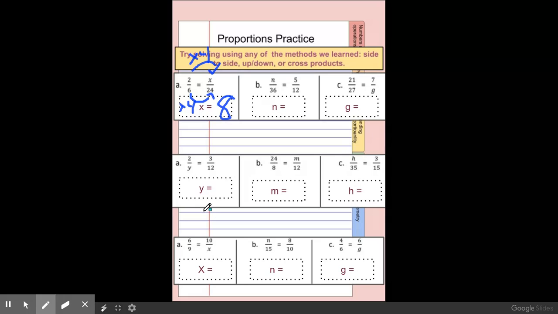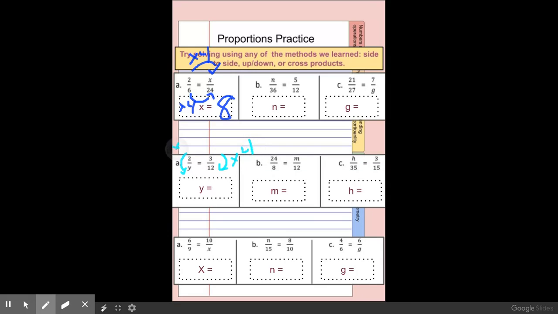On the next one, the middle row, A, there is a relationship going up and down, so between 3 and 12, so our arrow is going to point towards our y. So to get from 3 to 12, you multiply by 4 again. So 2 times 4, y is 8 again. That's just a coincidence.